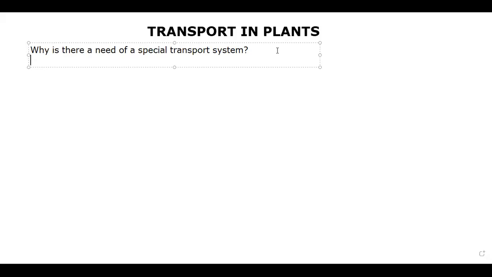There are a lot of different reasons why we require a special transport system in plants. The first one is pretty obvious. We need that transport system to move substances. In plants, I need to move substances from the site of absorption, for example the roots.